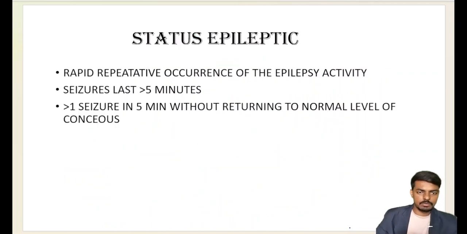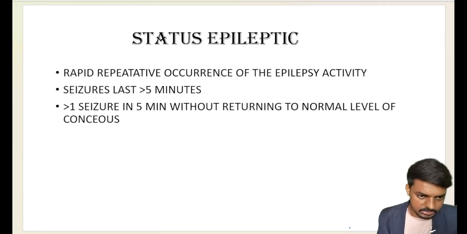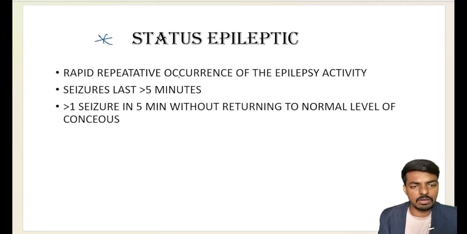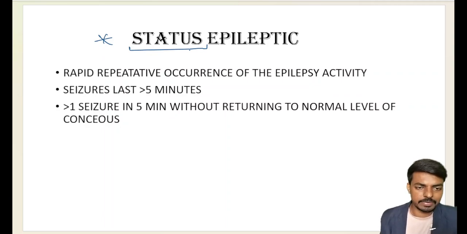Let me tell you about a very important topic, that is status epilepticus. I hope you have studied the word status in status asthmaticus, status epilepticus. What is status? Status means a rapid repetitive occurrence or severe exacerbation of the particular thing.